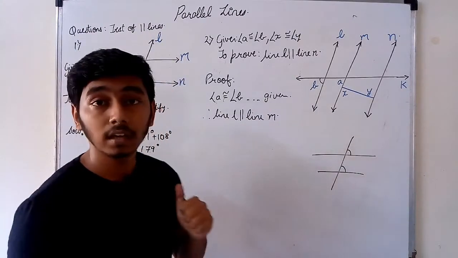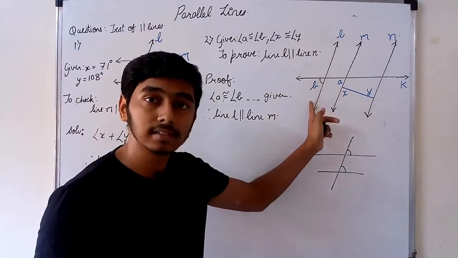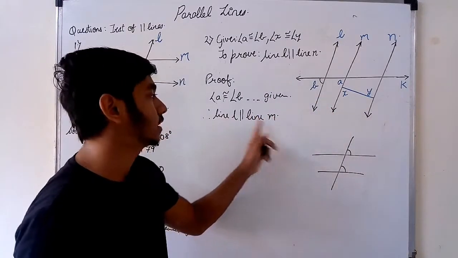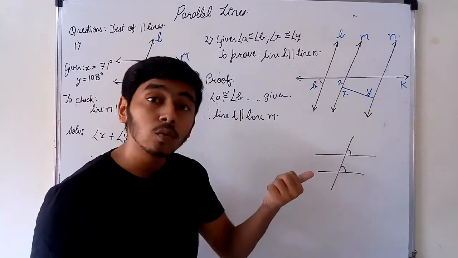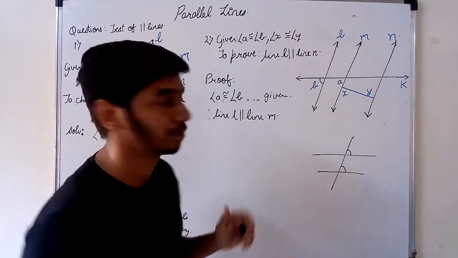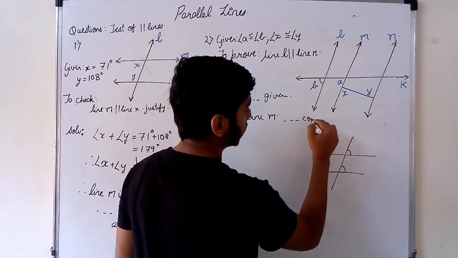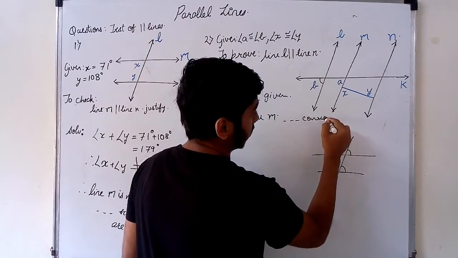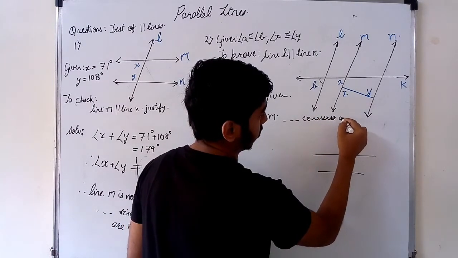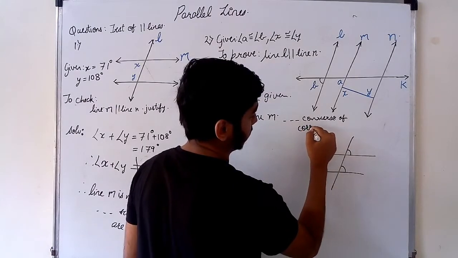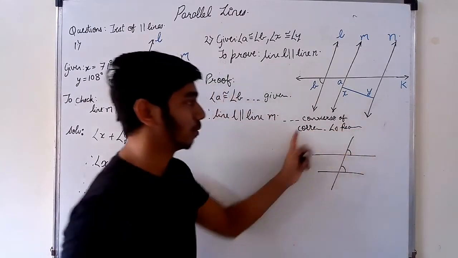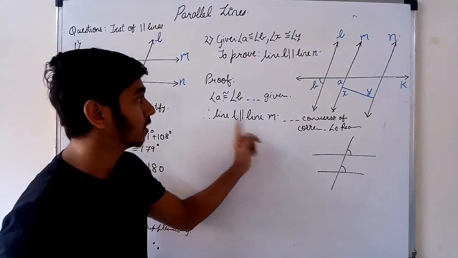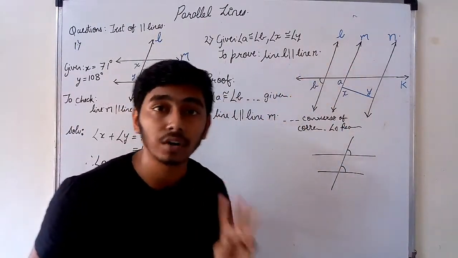But here we are using corresponding angles and then saying that the lines are parallel. That means we are using the converse of the corresponding angles theorem. Therefore we'll write converse of corresponding angles theorem. Complete this fully. Then therefore l and m are parallel, we have got now.